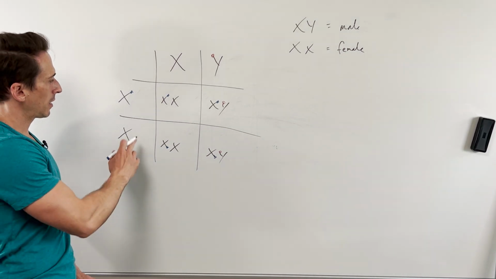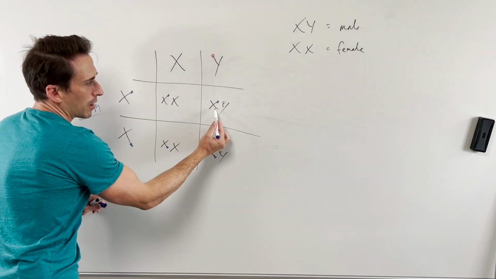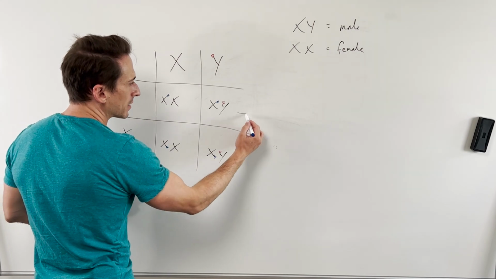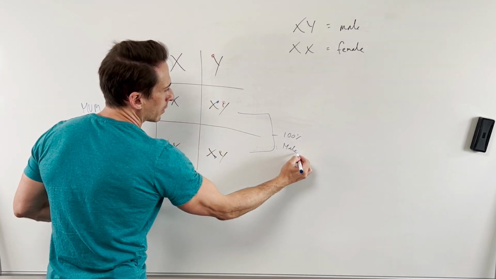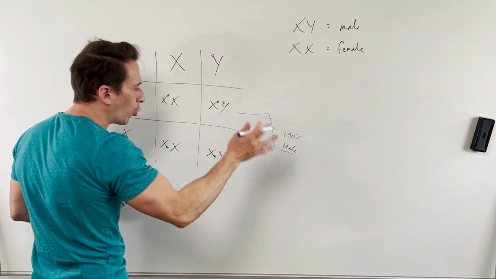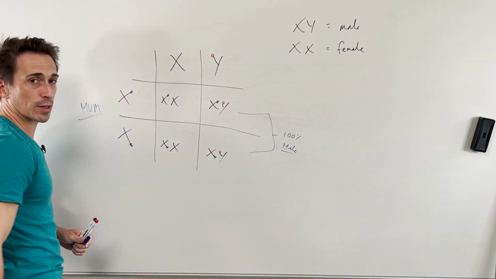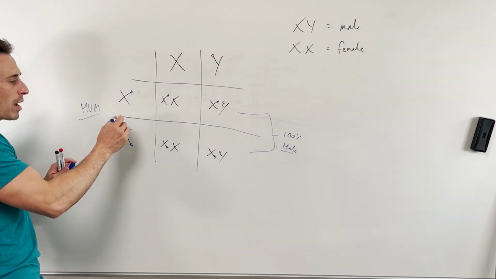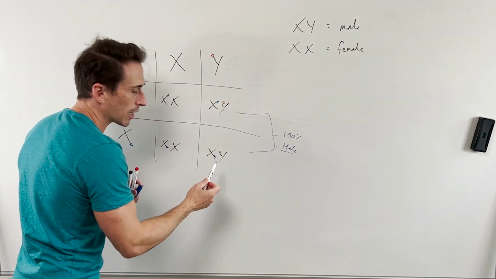We see that because this is mum, that X came from mum, that X came from mum. 100% of male offspring will always get their X chromosome from their mum because they always get their Y chromosome from their dad. So they're left with getting the X chromosome from their mum, which means if mum has an X chromosome linked disorder, it's likely the son is also going to have it.